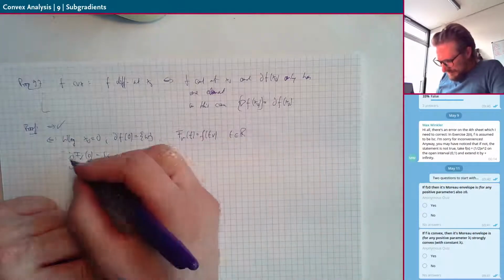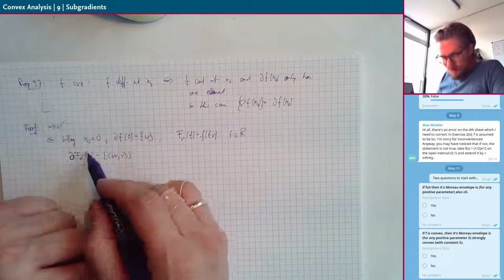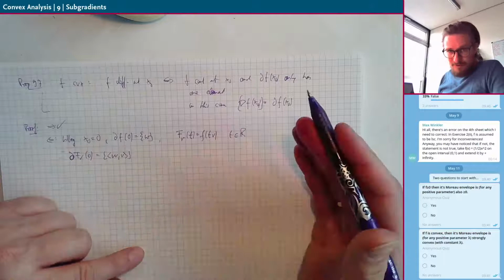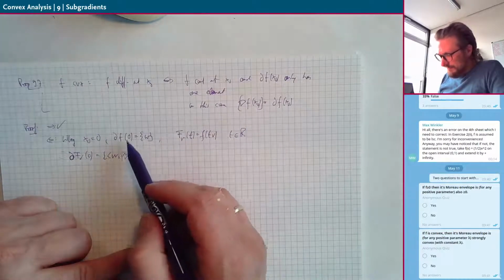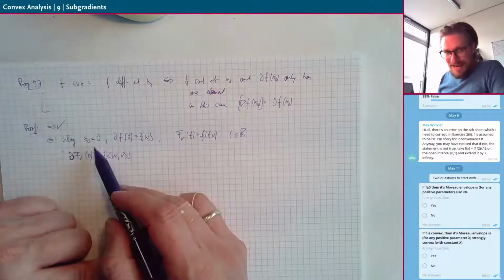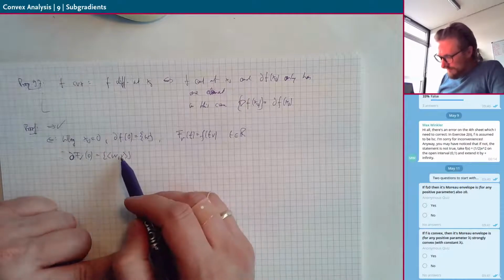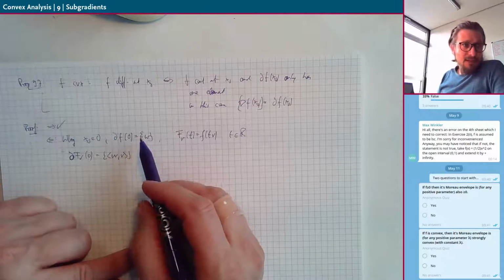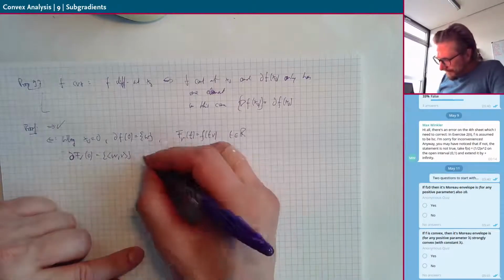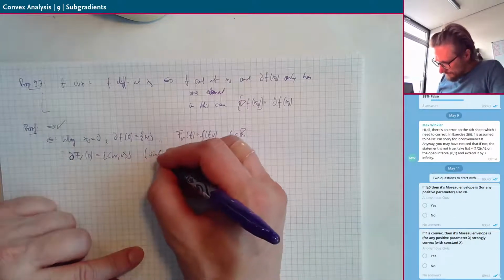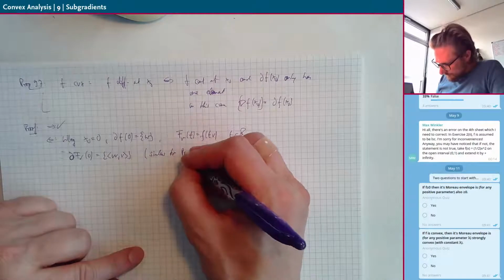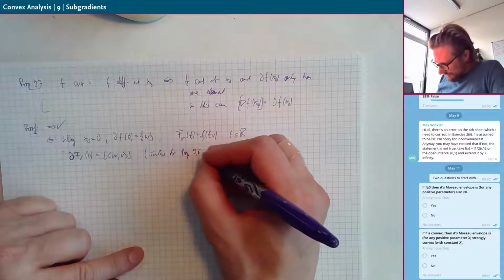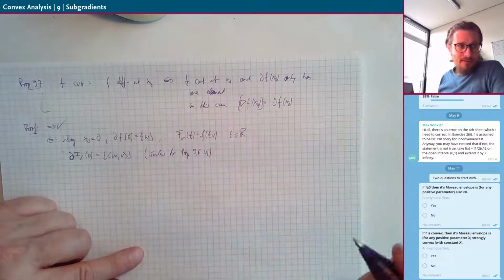To see that, just write down the subgradient inequality for this function. Then you see that subgradients of this all have to be inner products with v of subgradients of the function f. It's similar to proposition 9.6.2. It's basically the same rule of calculus here.